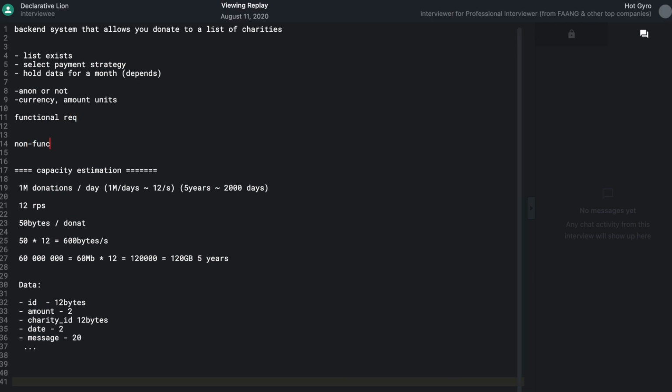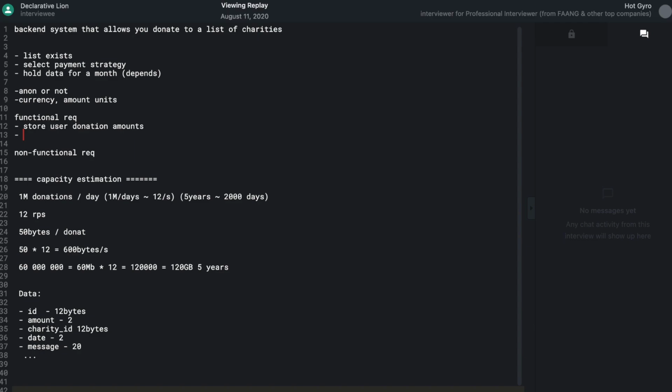So I think the functional is pretty much how you understood the problem. Like, what do you need to do here? You need to be able to store user donation values, right? Amounts. And what else is there for this service?